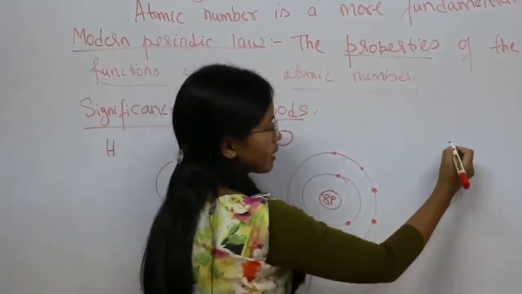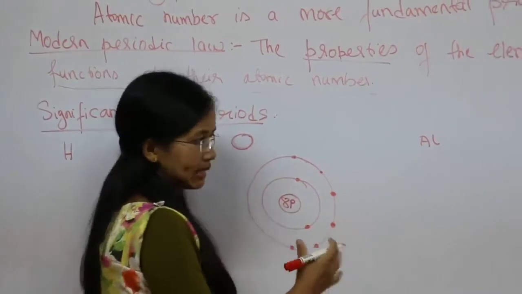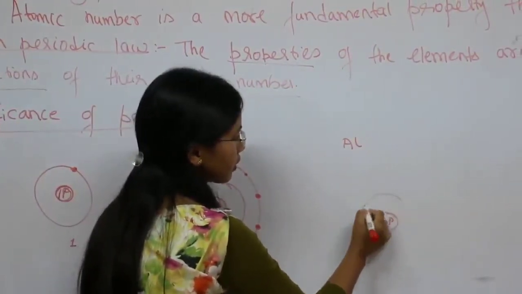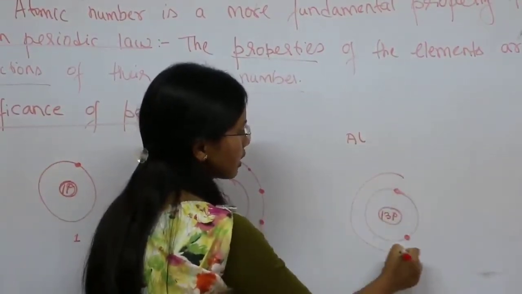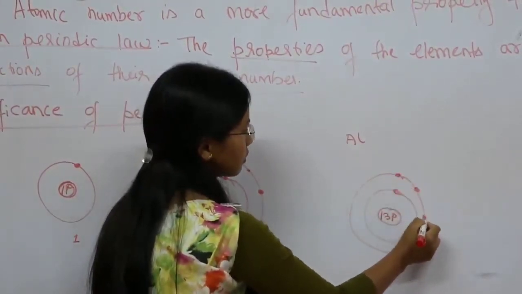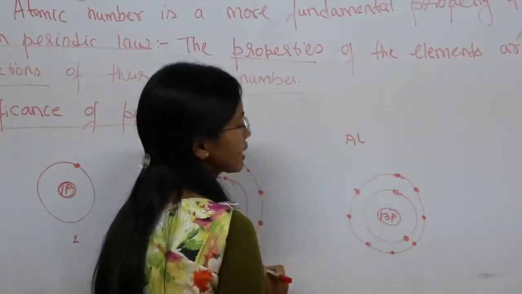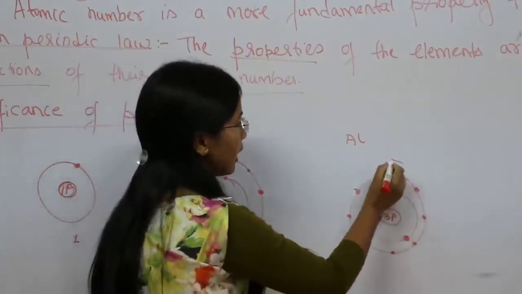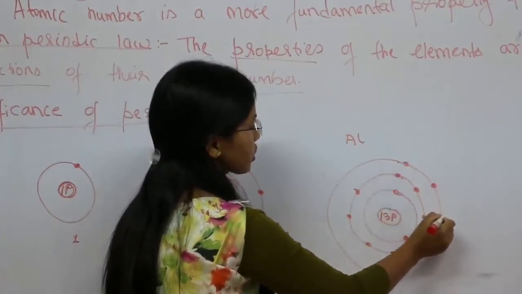And then now let's take aluminium. Aluminium's atomic number is 13. So if we draw the atomic structure, in the first shell there will be 2 electrons, in the second shell there will be 8, because the second shell will fit only 8 electrons, and in the third shell we are left with 3 electrons.